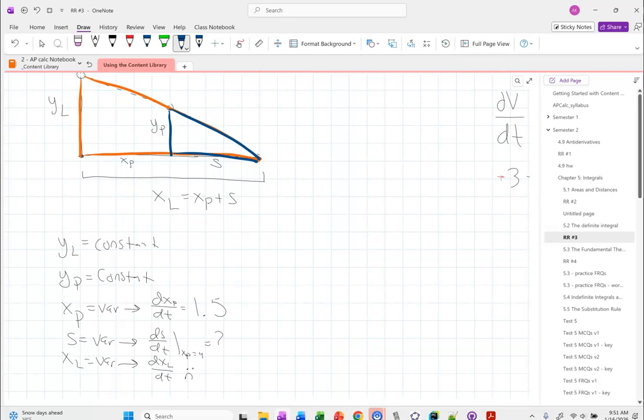So everybody feel okay there? So I can say yl over xl equals yp over s. Now yl and xl are constants, they're given to me, right? Or I'm sorry, yl and yp.